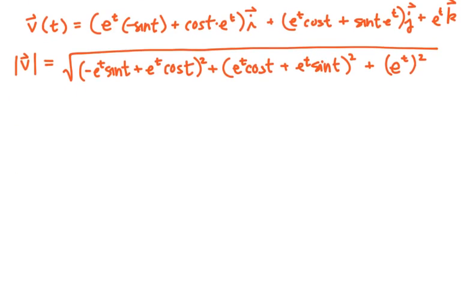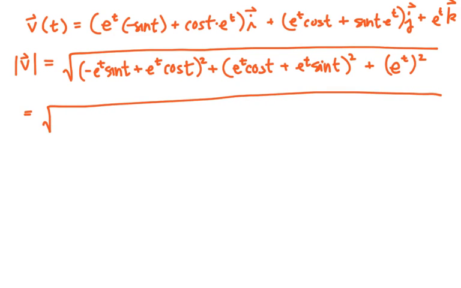So at this point, this algebra should be pretty simple to you, but we're going to have some foiling. These are almost the same, but you'll notice that the sign on e to the t sine t is going to be different. So we're going to have some canceling.